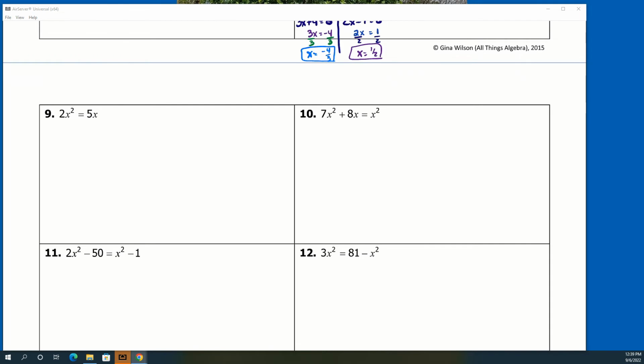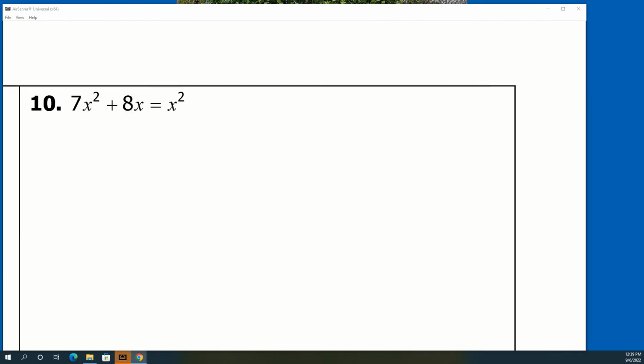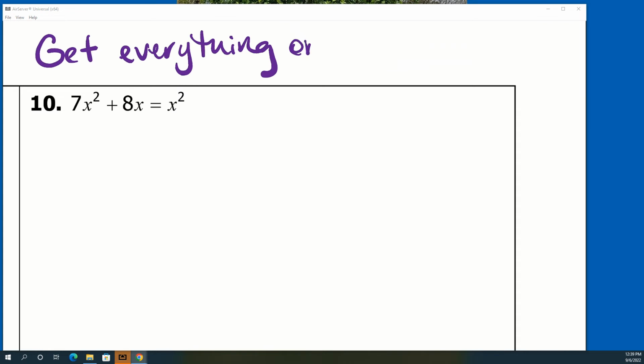So all the ones on the back, we're going to need to start off by getting everything on one side. So that's step 1, but none of the ones we've done so far, we've had to do step 1.